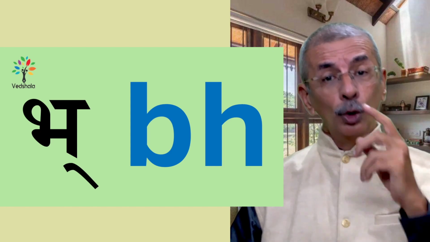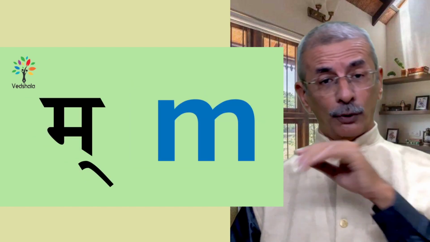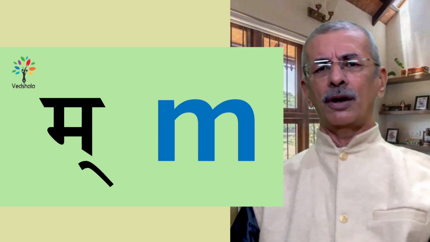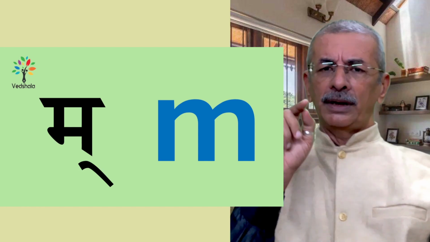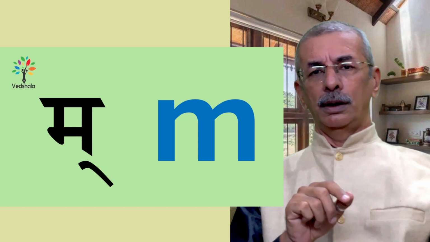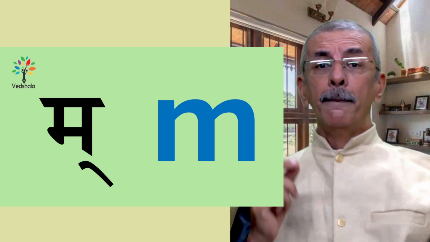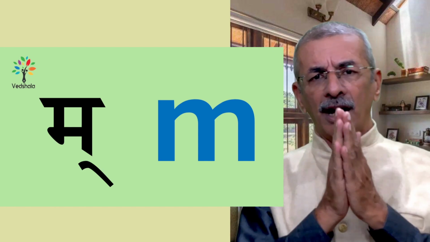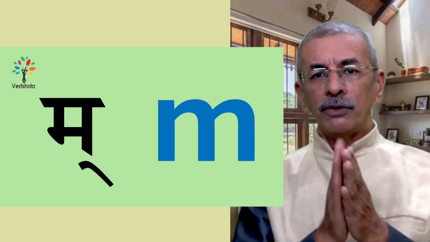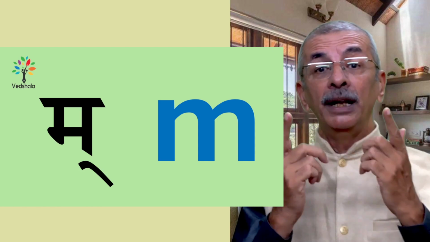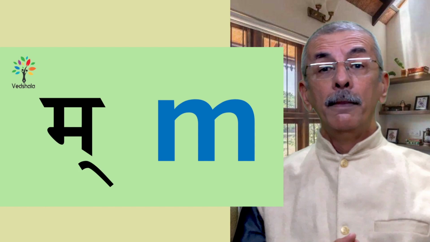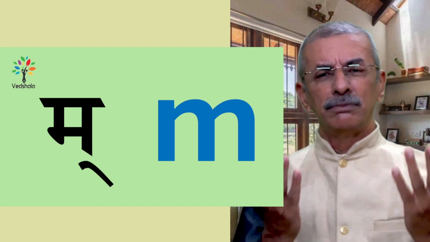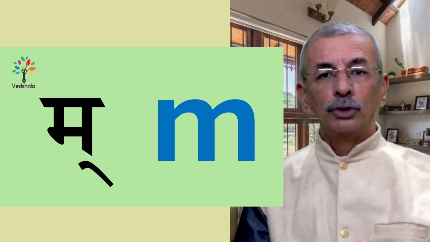And the anunasika, the nasal sound of these four alphabets, is ma. Now earlier we saw there was an m with an under dot. What was the sound of that? I can pronounce this alphabet as half m without opening my mouth. But without opening my mouth, can I pronounce ka? No, not possible.